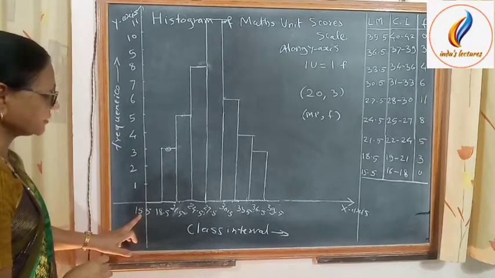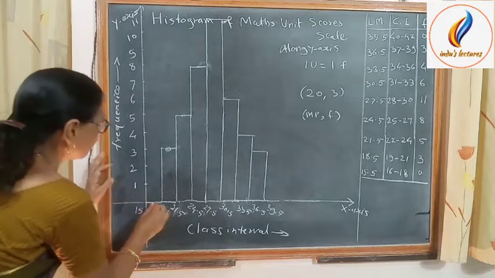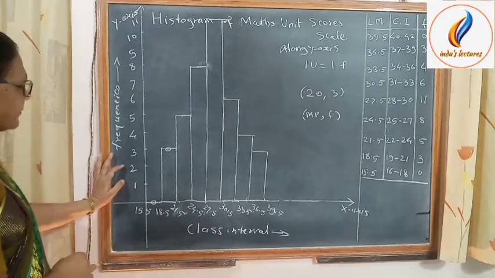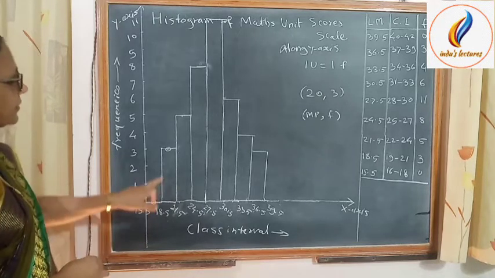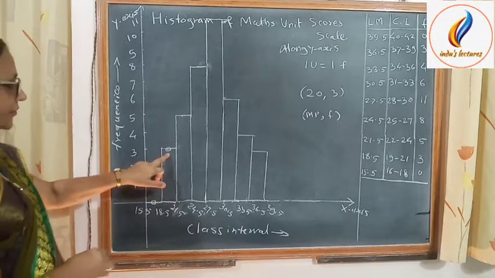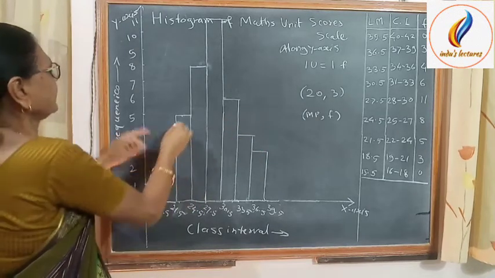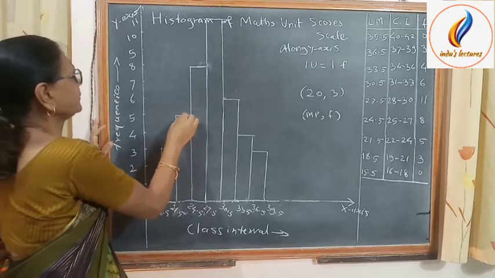The extra class interval is 16 to 18. Its midpoint is 17. So this is the first point. Then the second point is at 20, 3. Then the next point 23.5.